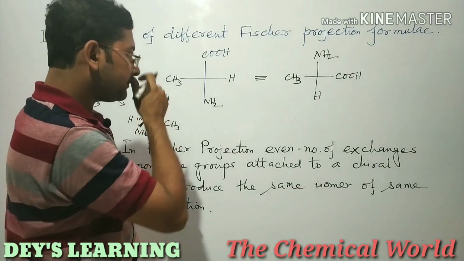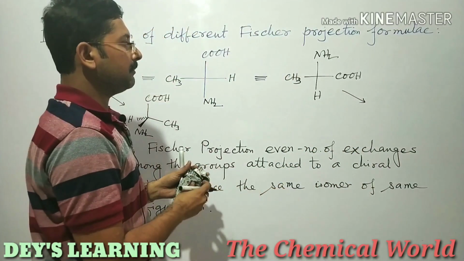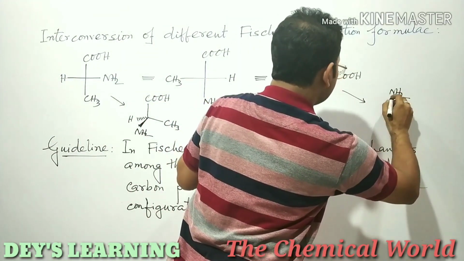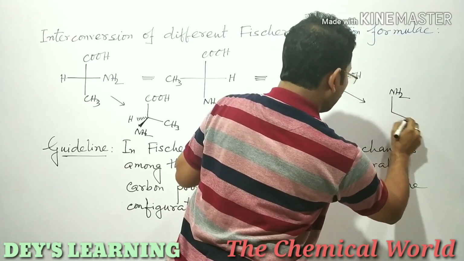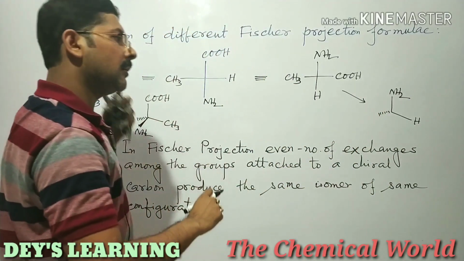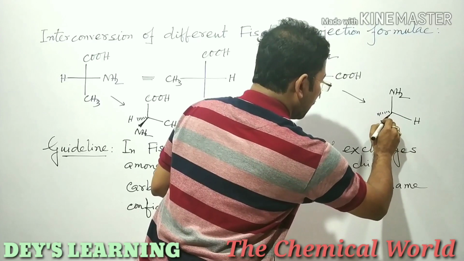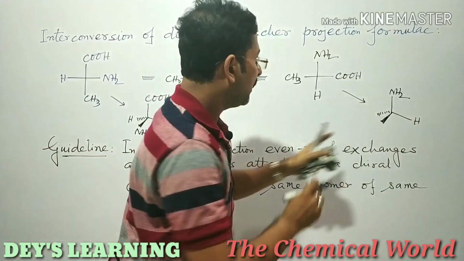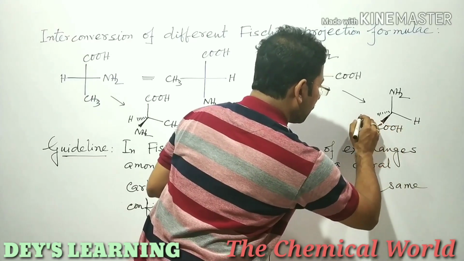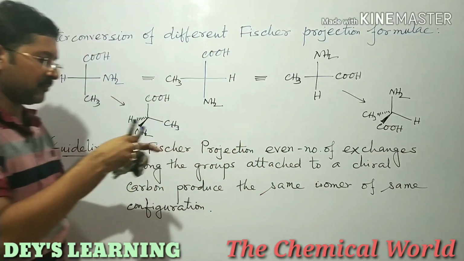And if we consider this one, NH2 is here and hydrogen is here. So the group hydrogen turns right, so the group at the right, that is COOH, will come at the frontal bond. This is your CH3.